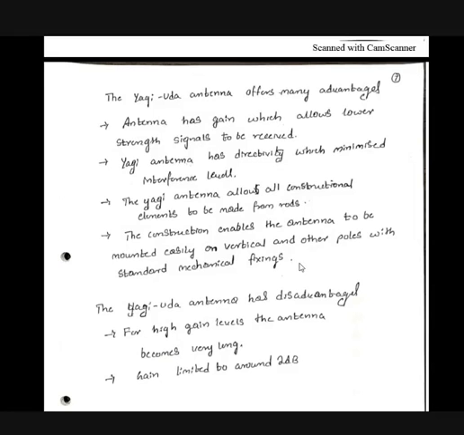Now, what are the disadvantages? Very high gain levels need a very large area. If you are going to have a very long Yagi-Uda array, that means we are adding more directors, which means we have high gains.